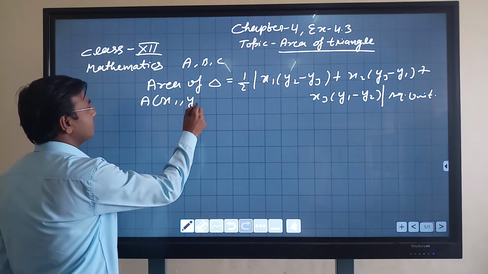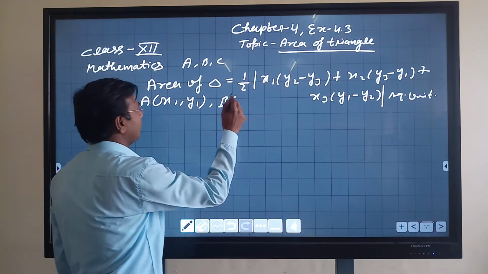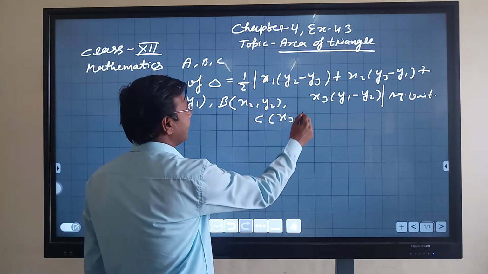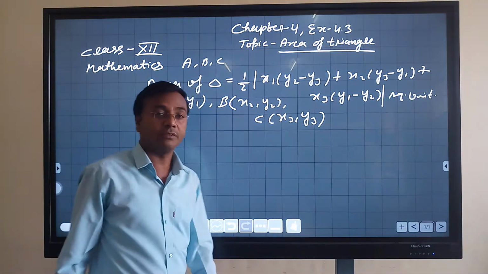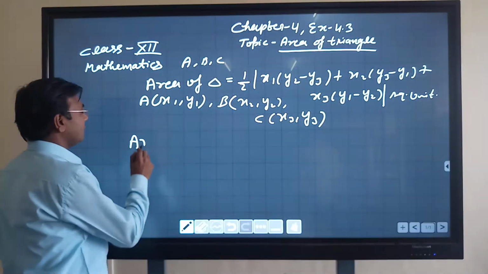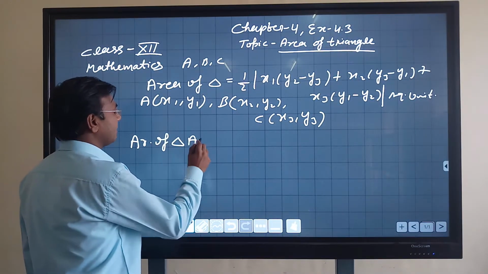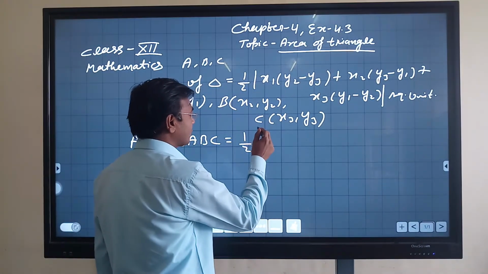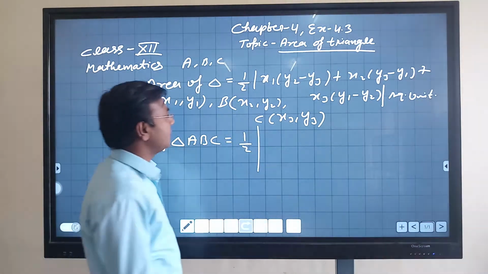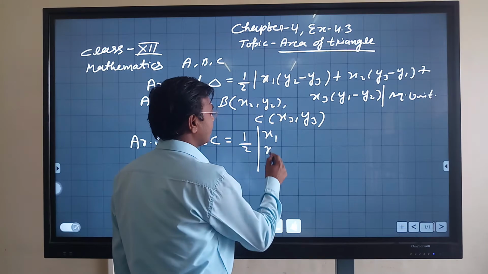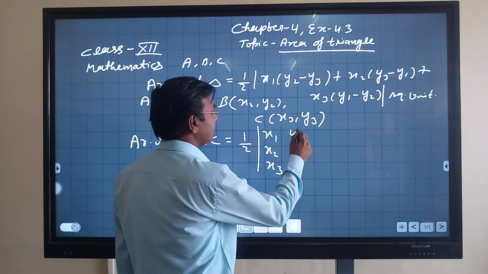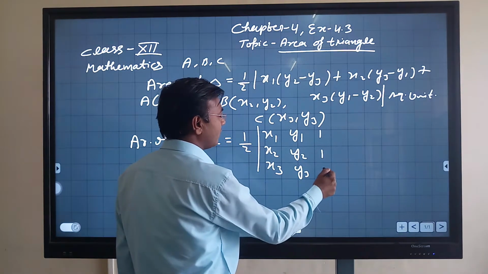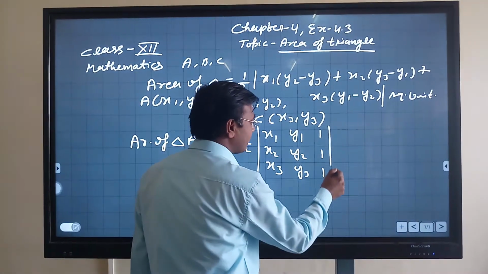If the vertices are (x1, y1) for the point A, (x2, y2) point B and (x3, y3) for the point C, then the area of triangle ABC formed by these points is given by: write first of all 1 by 2 and then the determinant with rows x1, y1, 1; x2, y2, 1; x3, y3, 1, and determinant closed.